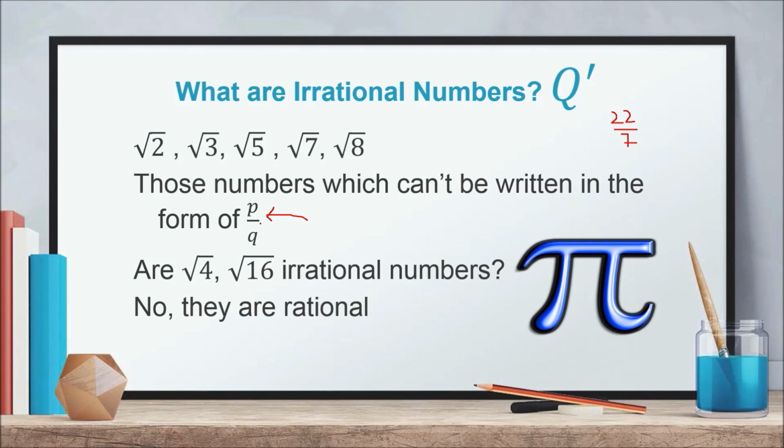It seems that pi must be a rational number, but it is not, because the value of pi is not equal to 22/7. It is approximately equal to 22/7. So this number pi is not a rational number, but an irrational number.